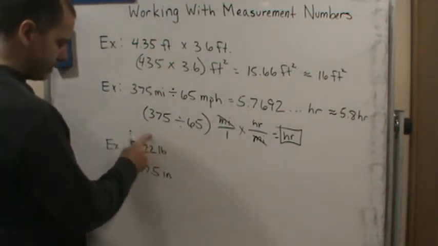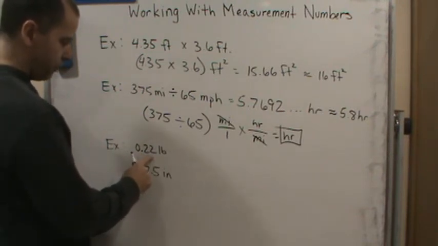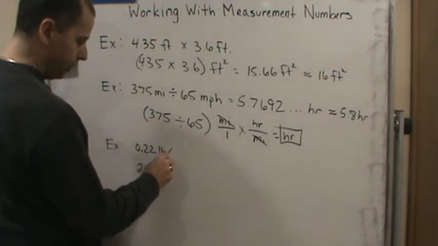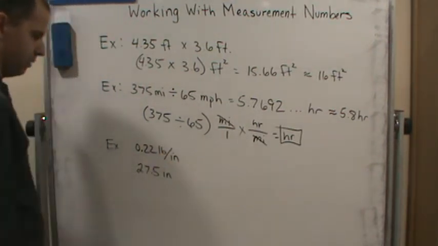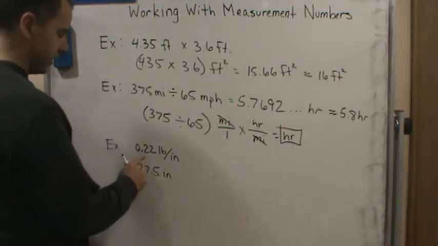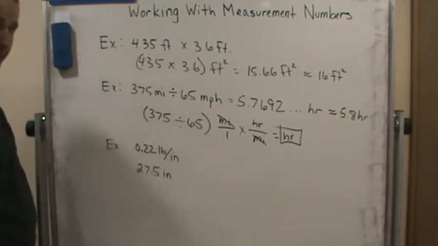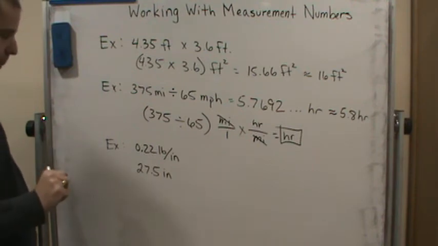How do we write this weight here? It's 0.22 pounds per inch, right? So the weight of the cold rolled steel is 0.22 pounds per inch. Don't forget that, the context.